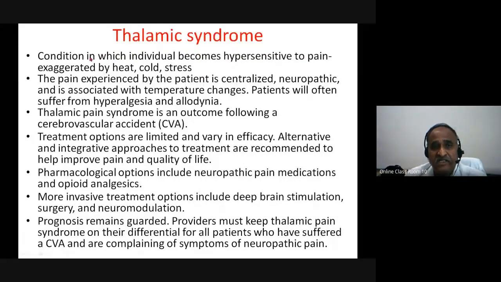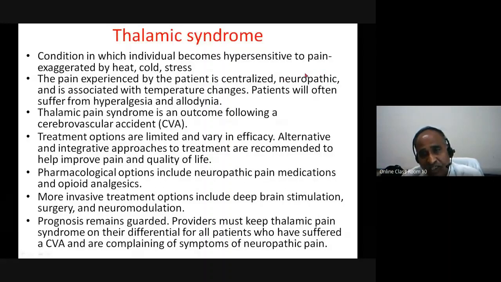because it's a condition in which the individual becomes hypersensitive to pain, exaggerated by heat or cold or stressful reactions. This is also known as thalamic pain syndrome. The pain experienced by the patient is centralized pain. Centralized means it has nothing to do with the periphery. It is in the center, in the thalamus or in the nerves. It's a centralized pain, and it is neuropathic.